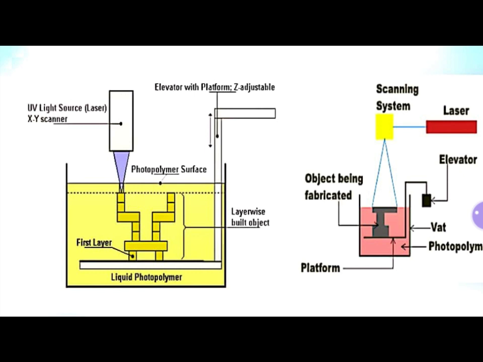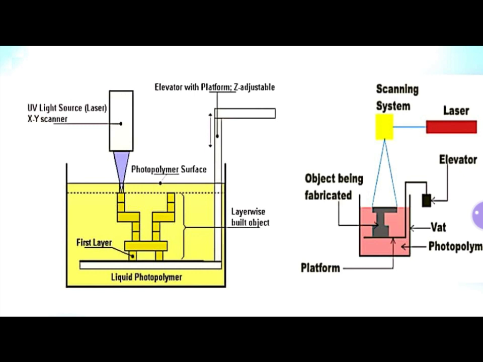So this is how the material is going to be cured layer by layer till the final object is created. So we can observe here the completed model, and also the first layer.